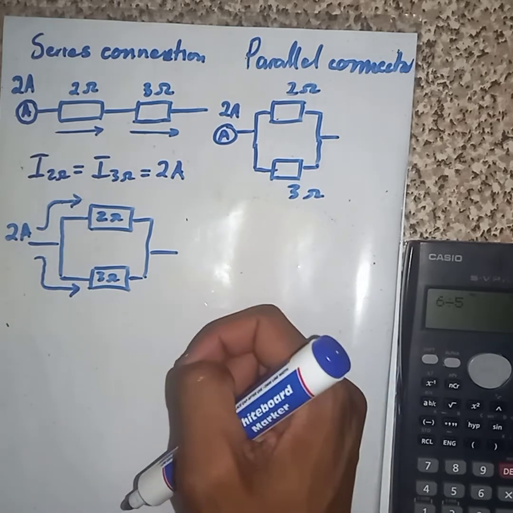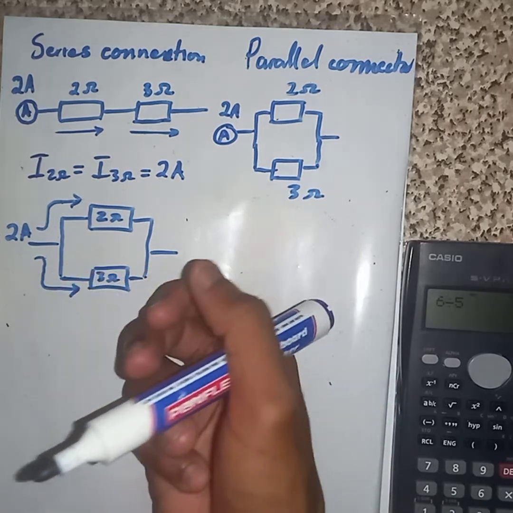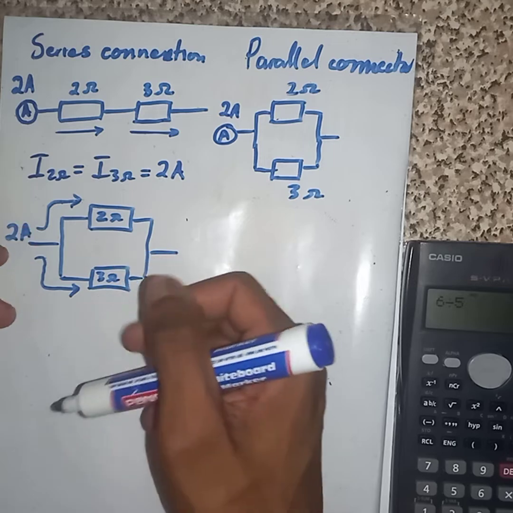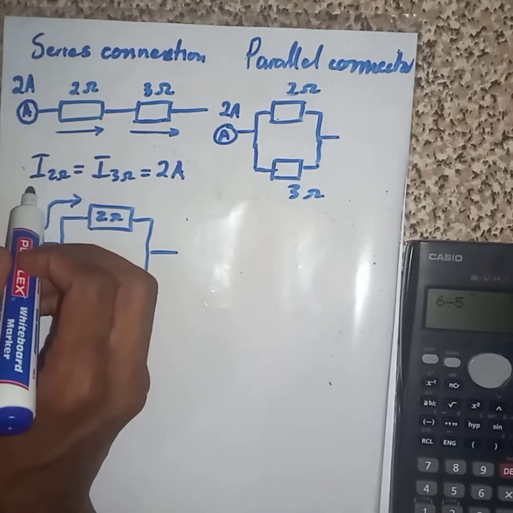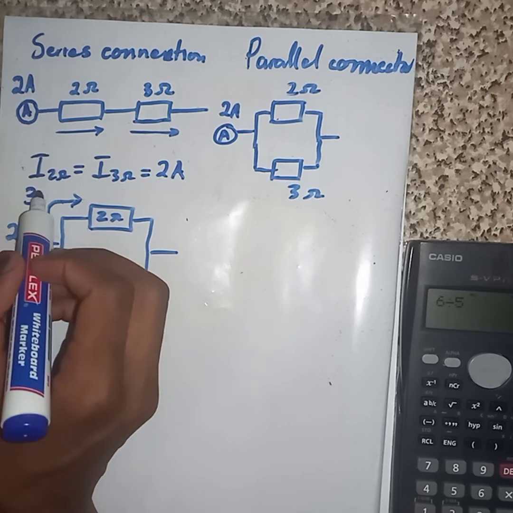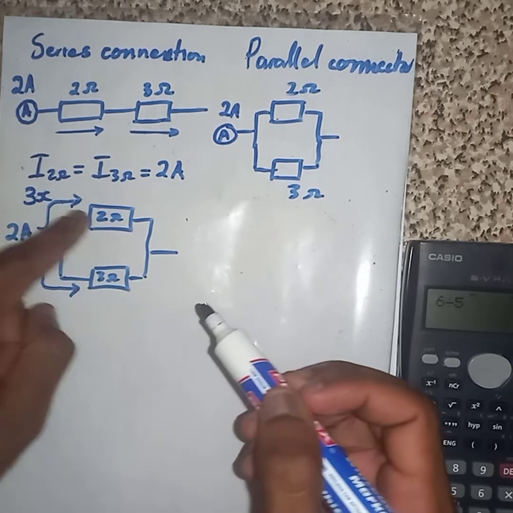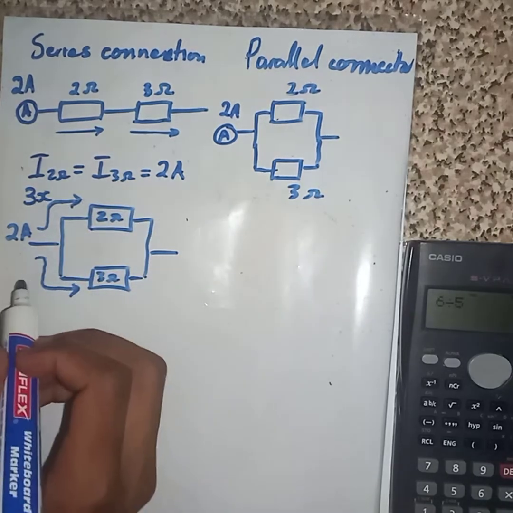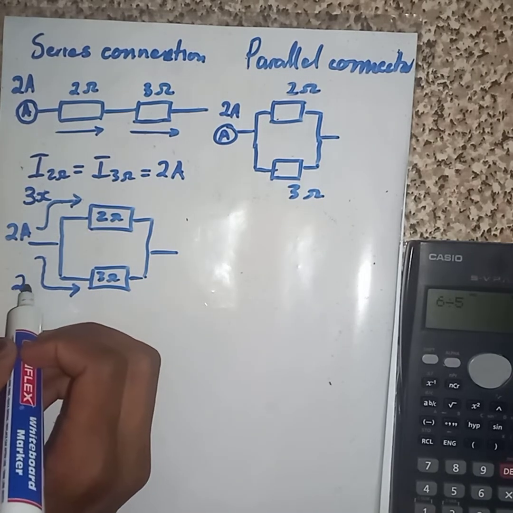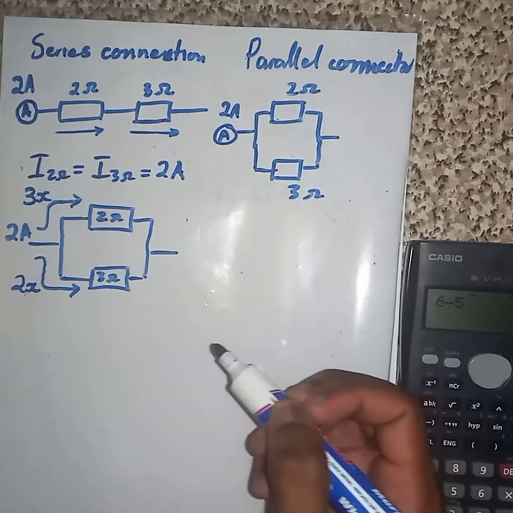Normally for this type of question, you will just swap the resistance and say this side we are going to get the current of 3x. You just swap these two numbers and place x next to it. Then this side we are going to get 2x current.